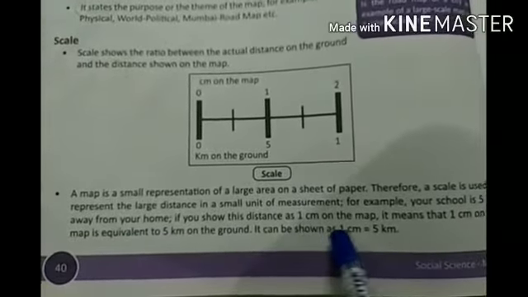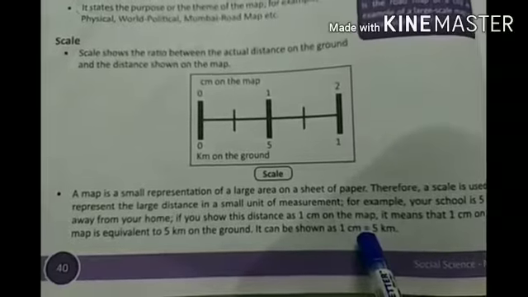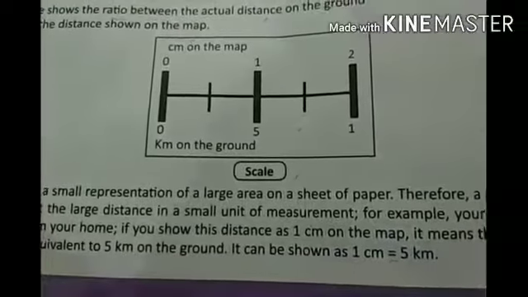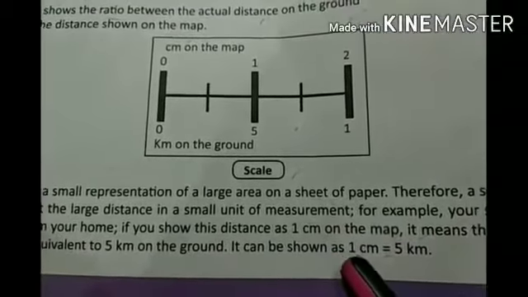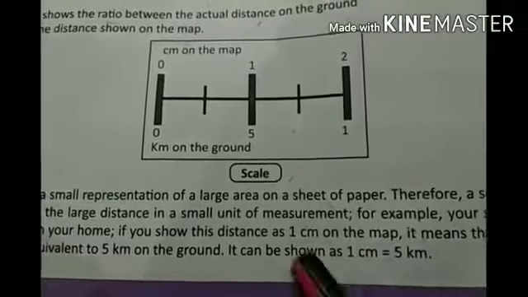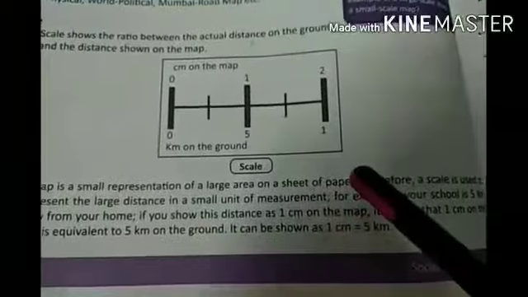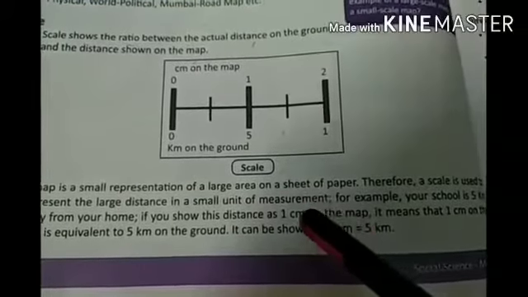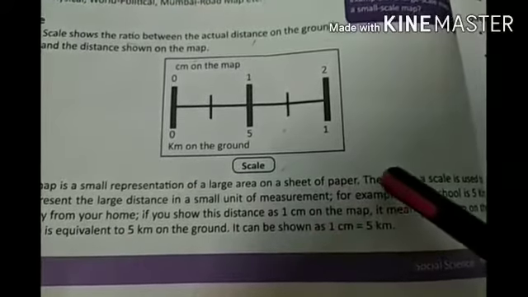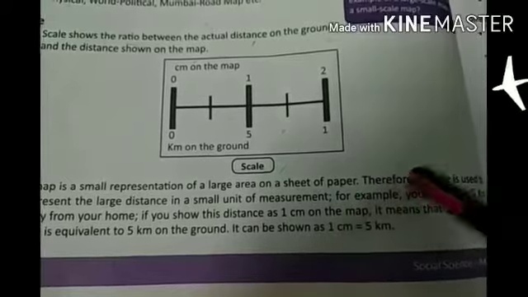It can be shown as 1 centimeter is equal to 5 kilometers. This is the scale of the map. In this way the scale of the map is necessary, and you are going to find the scale in most maps. Some maps are not to be scaled, and there is no scale given on those maps.